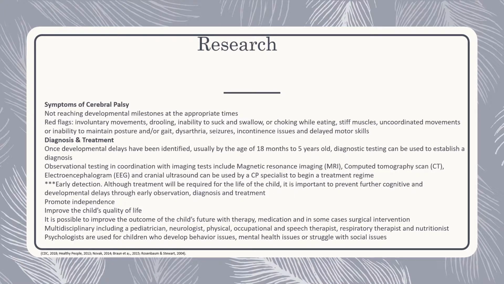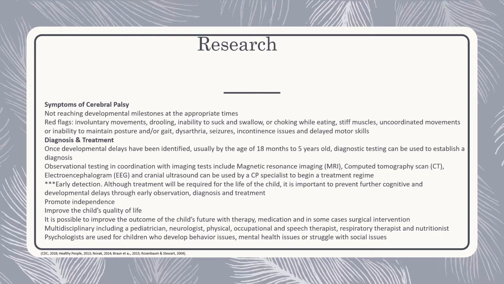So it is very important for parents to be cognizant of their infant not reaching developmental milestones at the appropriate times, because common clinical symptoms that can be red flags for an underlying disorder include involuntary movements, drooling, an inability to suck or swallow, choking while eating, stiff muscles, uncoordinated movements or an inability to maintain posture or gait, seizure activity, incontinence issues, or delayed motor skills.